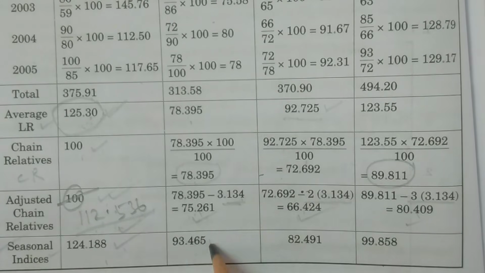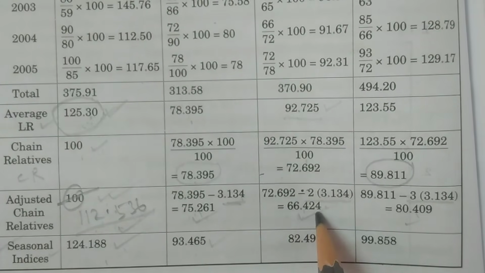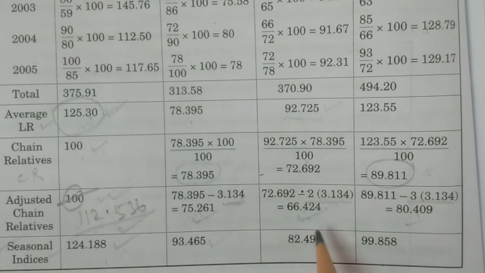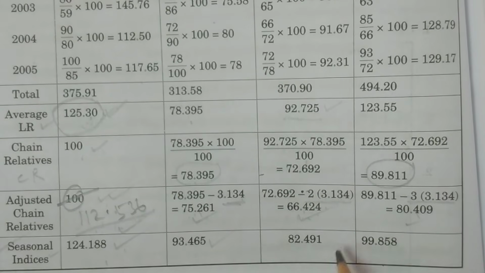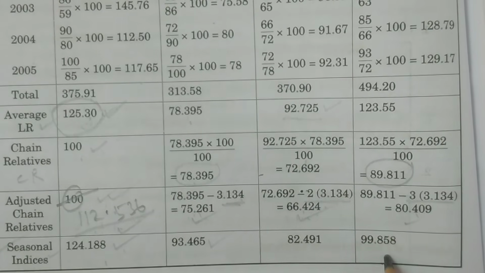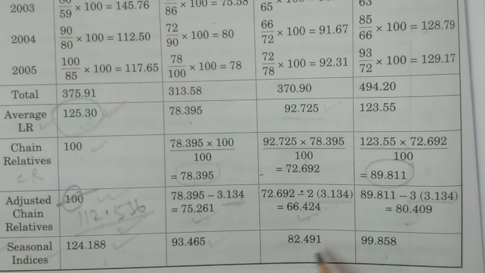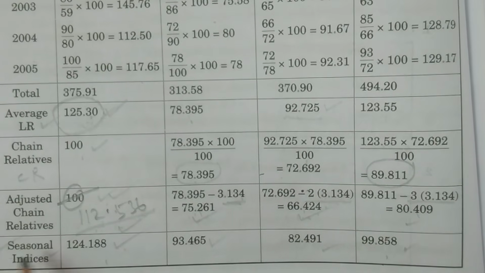Third quarter, 66.424, that is the adjusted CR of the third quarter divided by the average adjusted CR 80.523, into 100. Similarly the last one. So these are the final values of the seasonal index numbers.